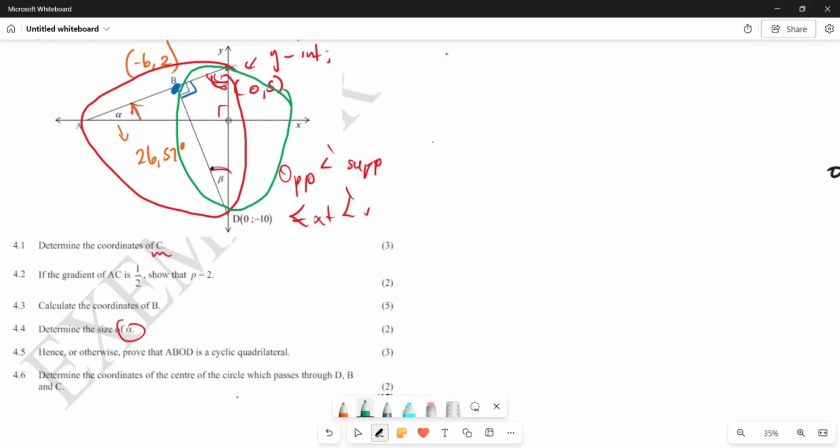So now what is it that you can do from here? They want you to calculate the coordinates of your center, and when they say coordinates of your center, they want you to calculate the coordinates of the midpoint.